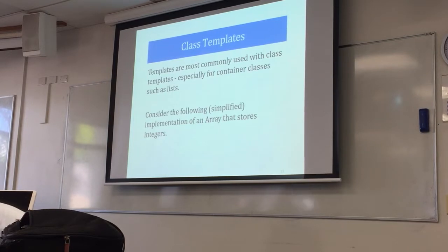On a list, you can add an item to the list, you can remove an item to the list, you can find how many elements are in the list, you can sort elements in the list. But this can be done for integers, for float, for strings, for students if you have a relation operator when a student is less than another in order to be able to sort them.